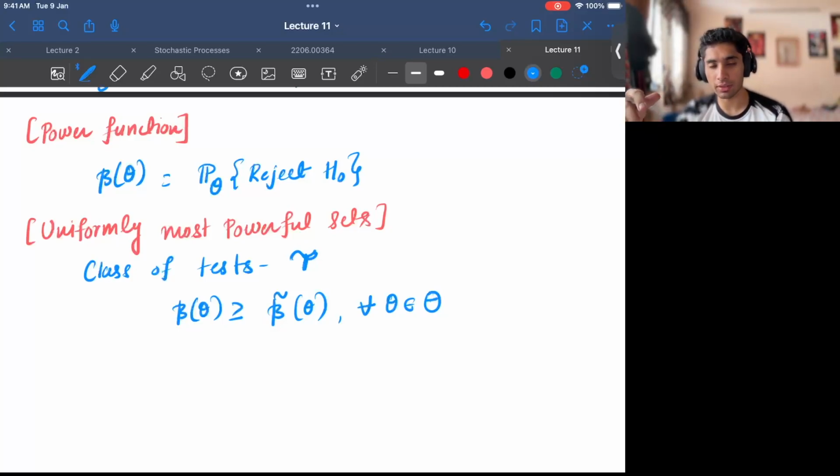It's only for rejection. If you are given a class of tests T, then the most powerful test is the one which has the highest power. In some sense, in this given class of tests, this particular hypothesis gives me the most powerful evidence to reject the null hypothesis, and hence it's the most powerful test.